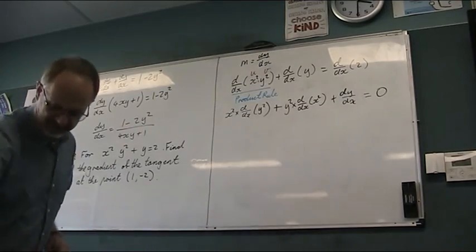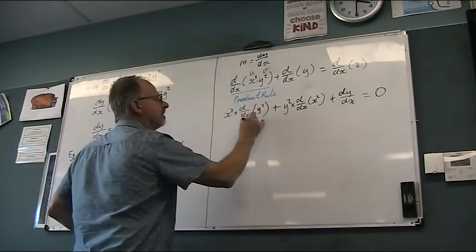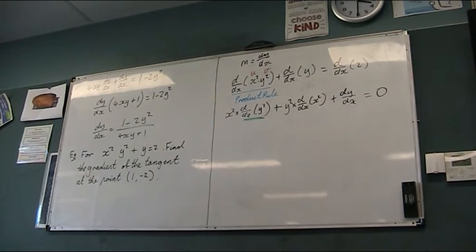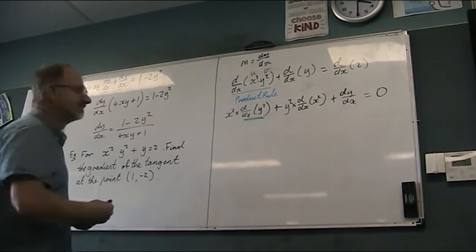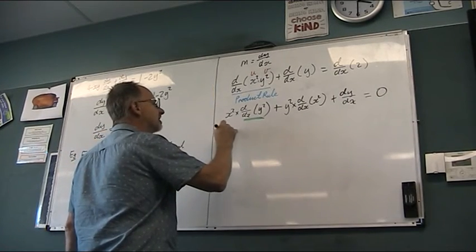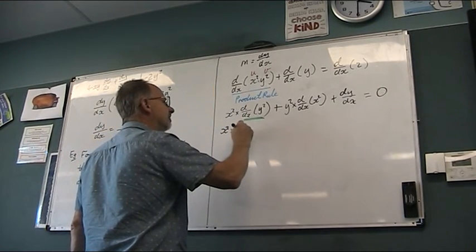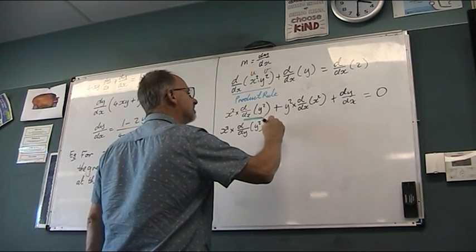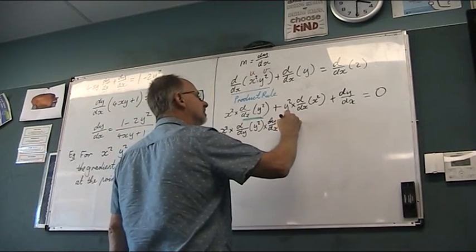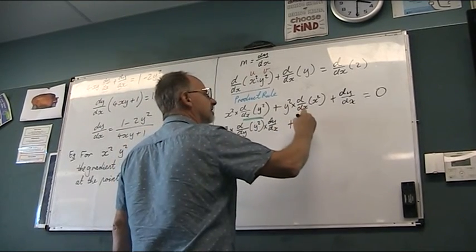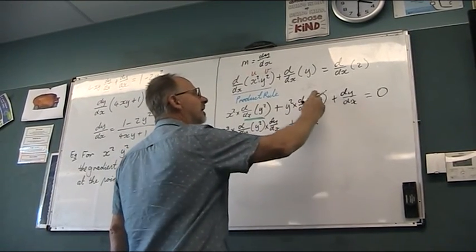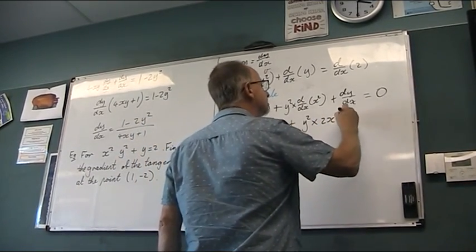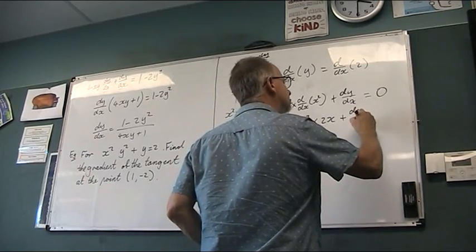Alright. So this bit here, when we're differentiating y squared with respect to x, that's where we do that funky chain rule thing again, which says x squared times the derivative with respect to y of y squared times dy/dx. Plus I've still got y squared here, times the derivative of x squared, which is 2x, plus dy/dx equals 0.